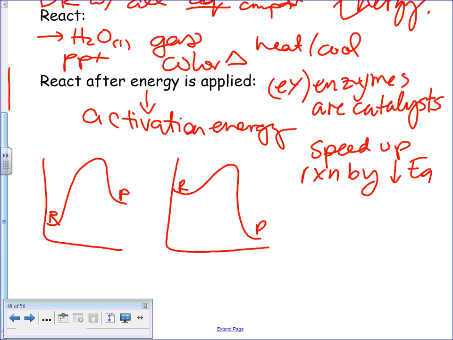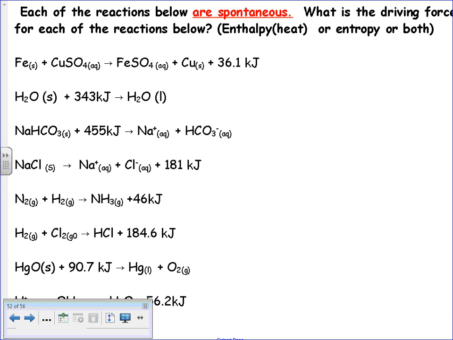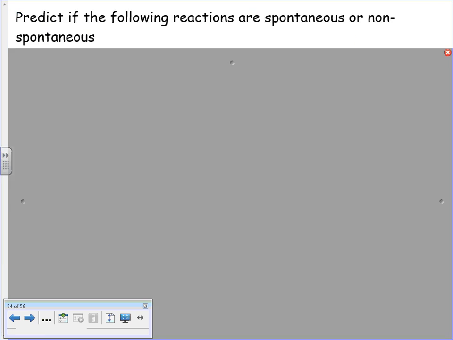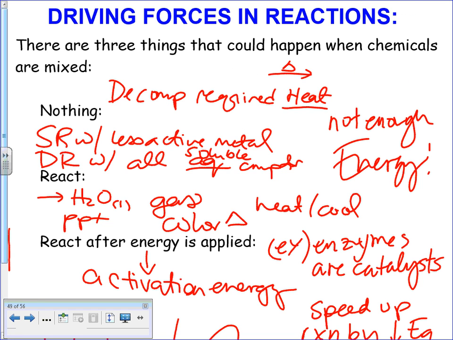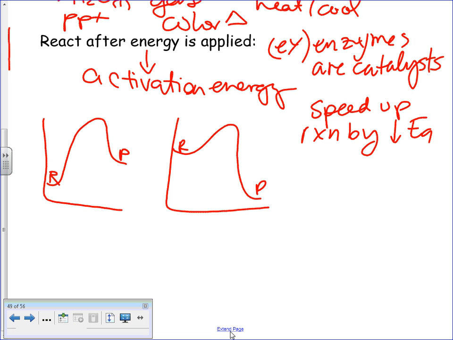Sketch those on the back of your paper if you don't have space on the front. Give yourself a little sketch. I don't have pretty pictures, so I'll draw these a little bit better here. These are called reaction coordinates.